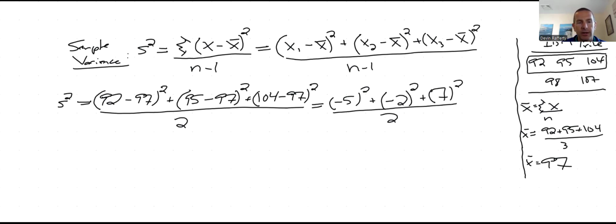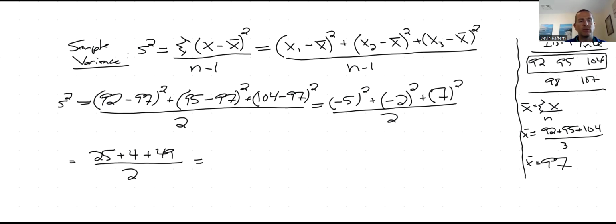Negative 5 squared, that's 25, plus negative 2 squared is 4, right? That's negative 2 times negative 2. Plus 7 squared, that's 7 times 7 is 49, divided by 2.